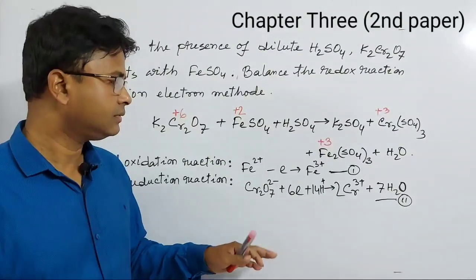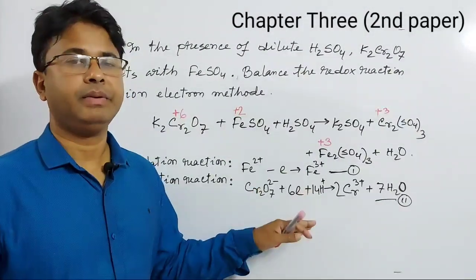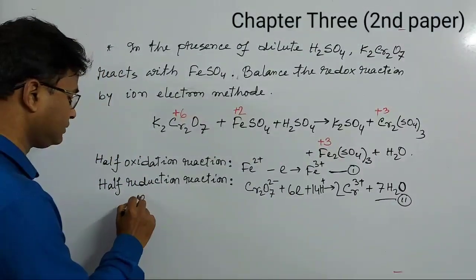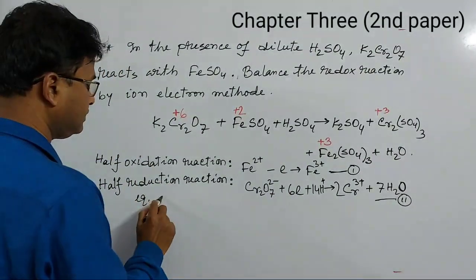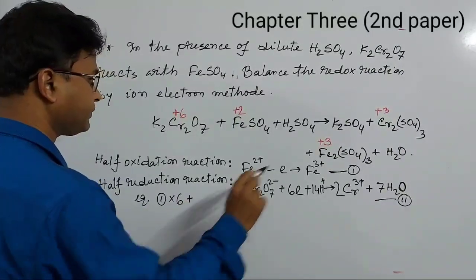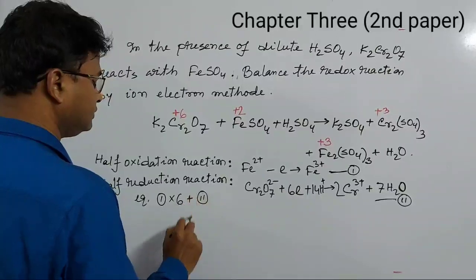To make the balance of the electron number, equation 1 into 6 plus equation 2.